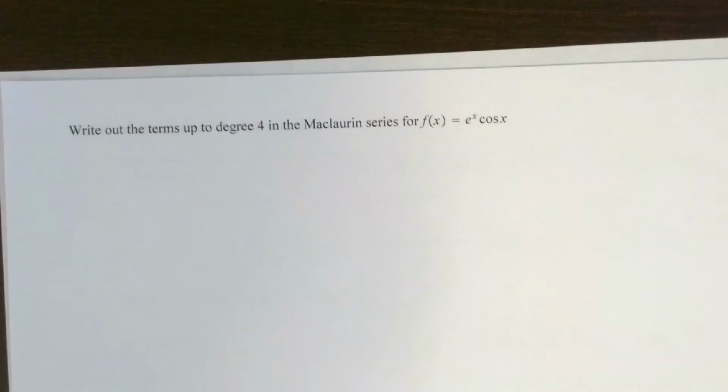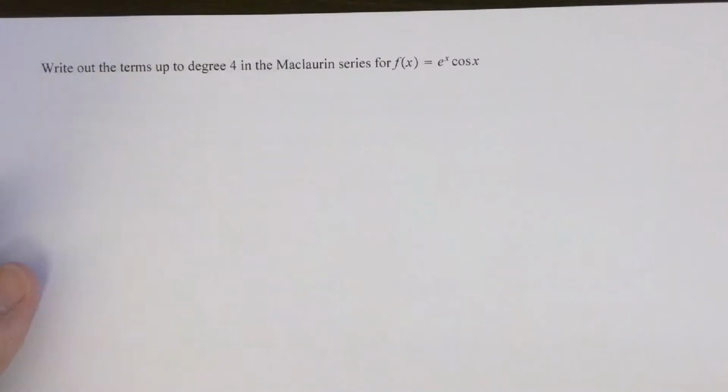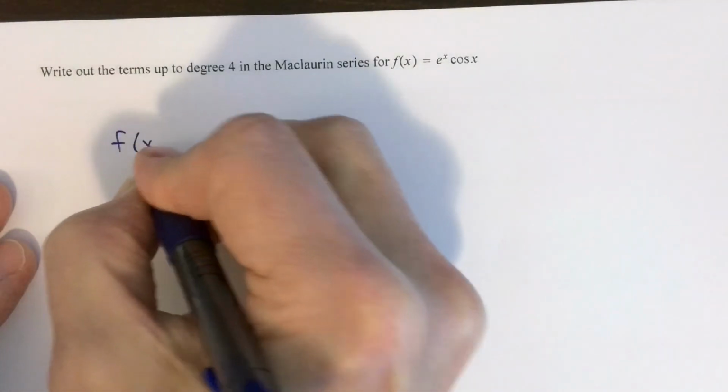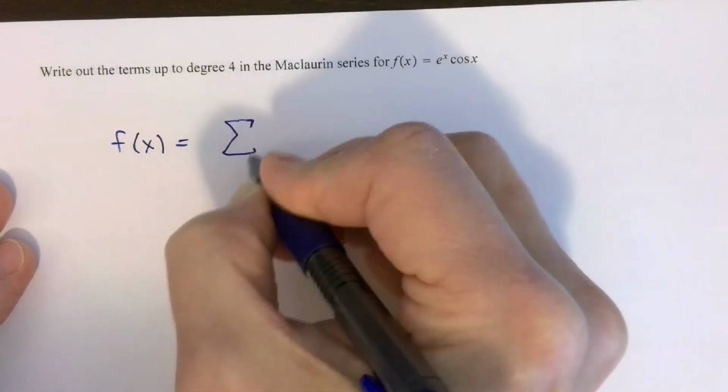Now a little more challenging would be one like this, and I want to show you how to do this. We're going to write out the terms of the Maclaurin series up to degree 4 for the function e to the x times cosine of x. So what we're going to do is take a look at the power series representation for e to the x.